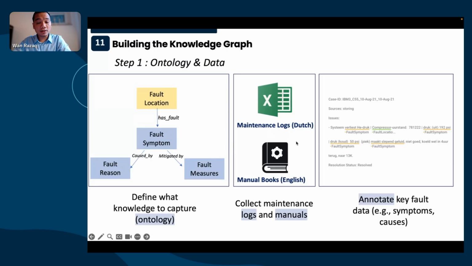And then what is the data? The data consists of 2 sources. First is maintenance logs. Because this is a company based in the Netherlands, the maintenance logs are written in Dutch, and they were written freely over the past 15 years in Microsoft Excel, so you can imagine how complex it is.